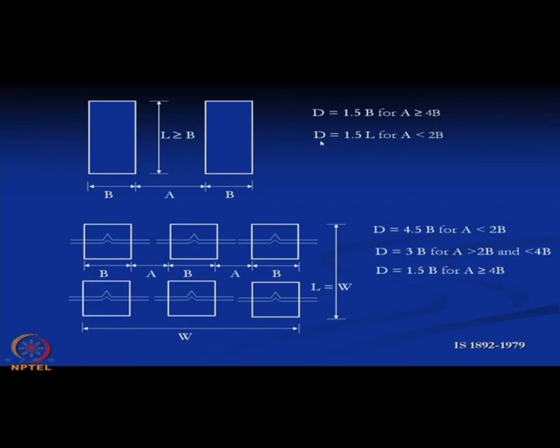So, this is another one, depth of boring is 1.5 times L for A less than twice B. So, this is one condition.